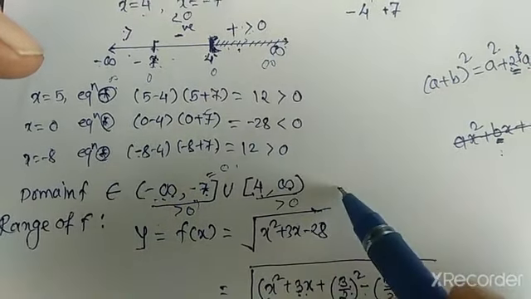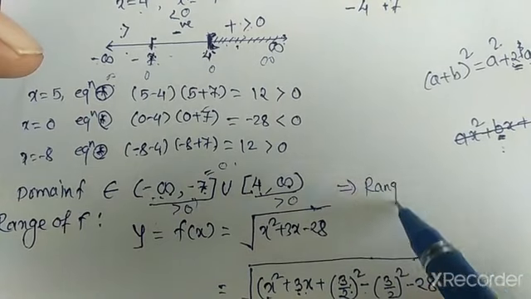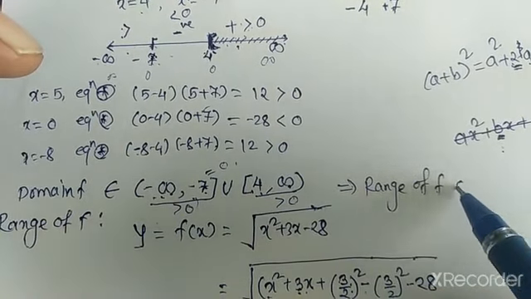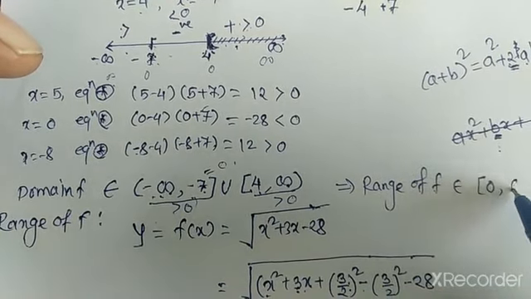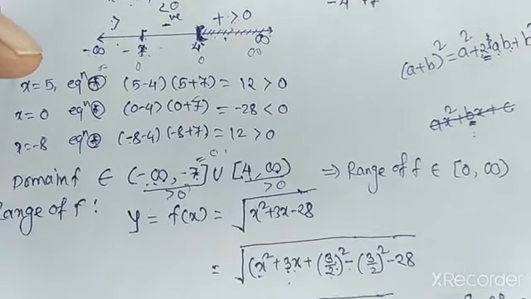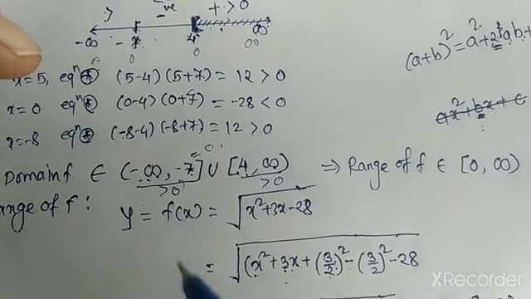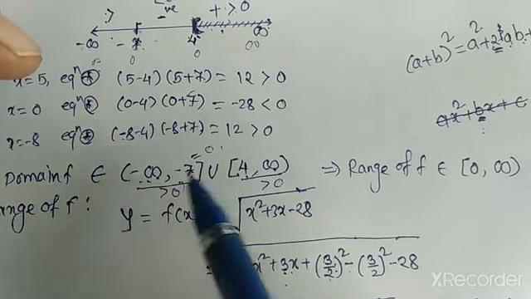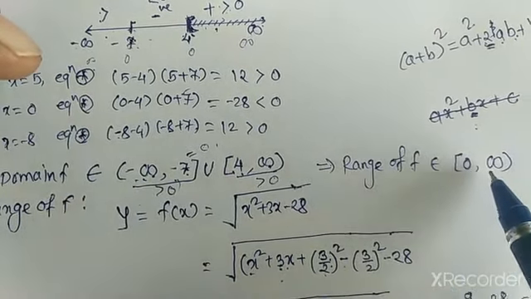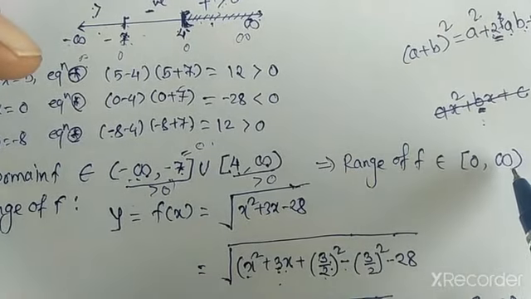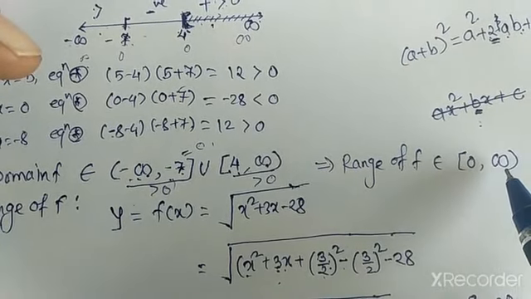So you can directly write range of f belongs to, it starts from 0 and it ends at infinity. So by this process also you can solve, or you can directly write from its domain set, range of f belongs to closed interval 0 to open interval infinity.